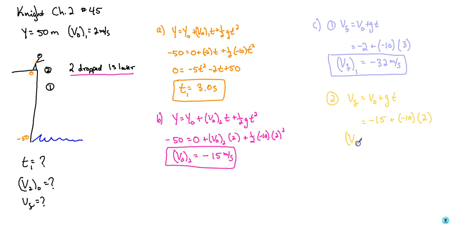So we find that the second rock has a final speed of negative 35 meters per second when it hits the water. And they both hit the water at the same exact time. Okay? So that was problem number 45 from chapter 2.